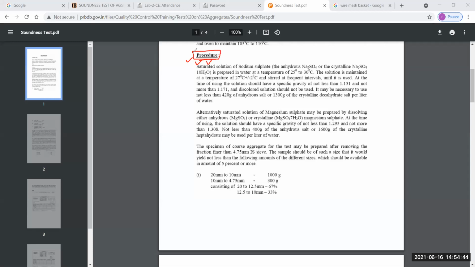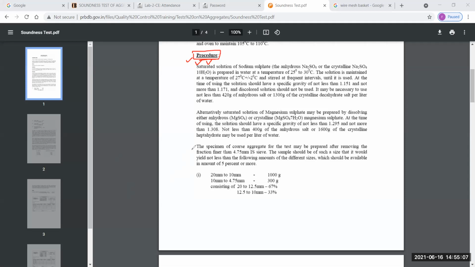At the time of using, the solution should have a specific gravity of not less than 1.295 and not more than 1.308. Not less than 400 gram of the anhydrous salt or 1600 gram of the crystalline heptahydrate may be used per liter of water.